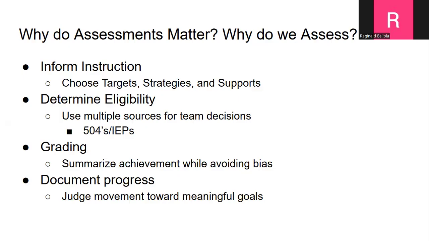We can't be biased and say, this student did great, but he didn't do this, so maybe I should give him points just because. That's some bias. We have to make sure that we give each student fair chances, but we can also use their 504s and IEPs and give them modifications and adaptations.